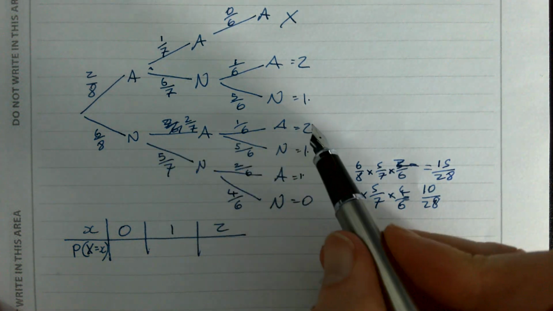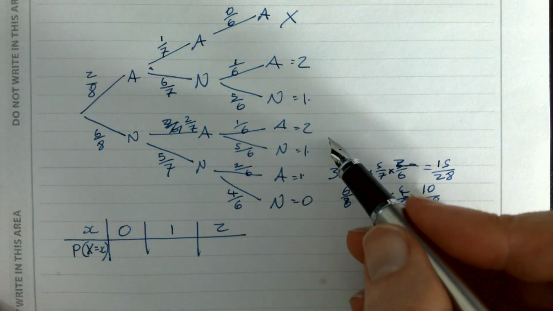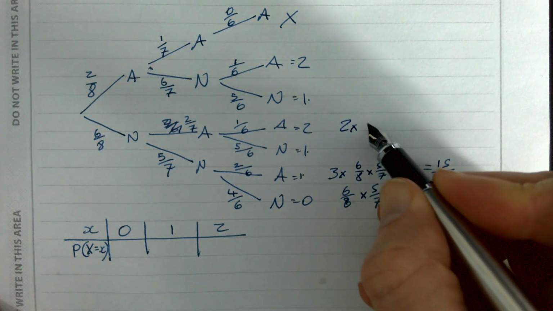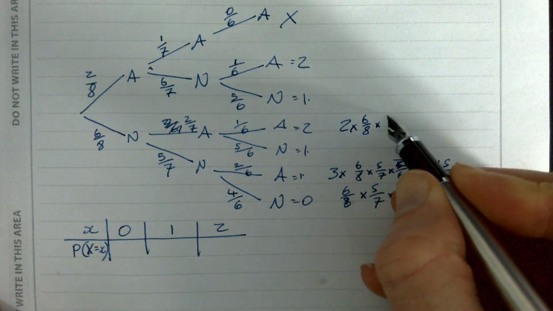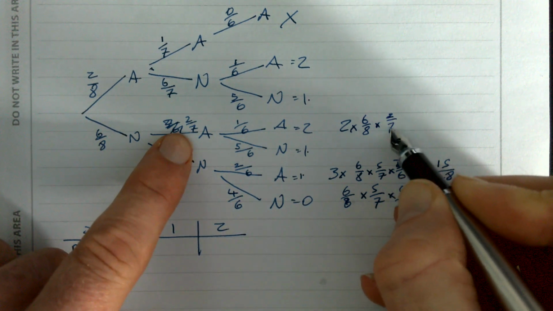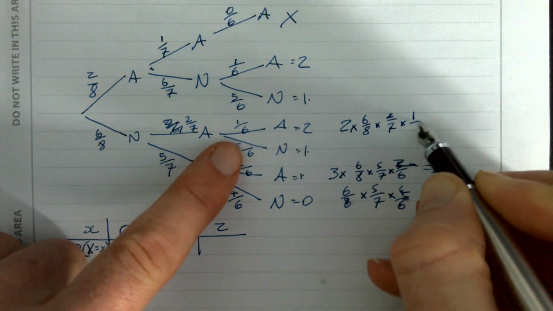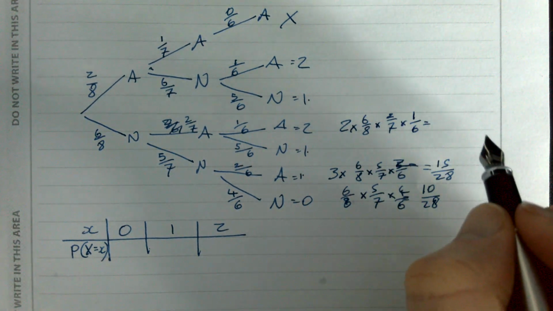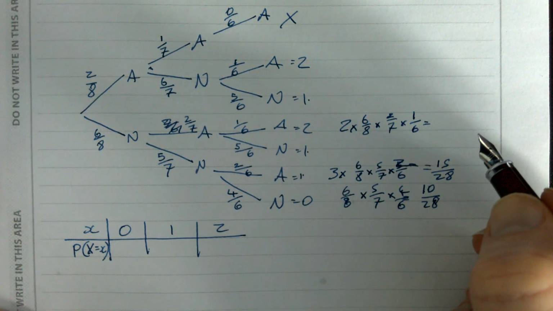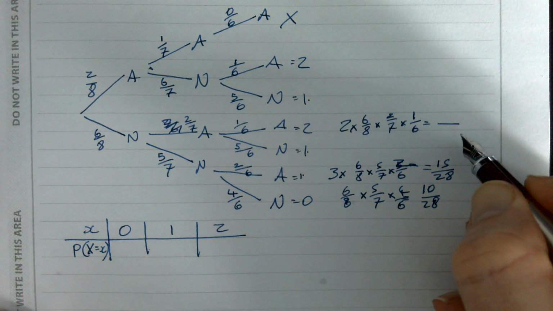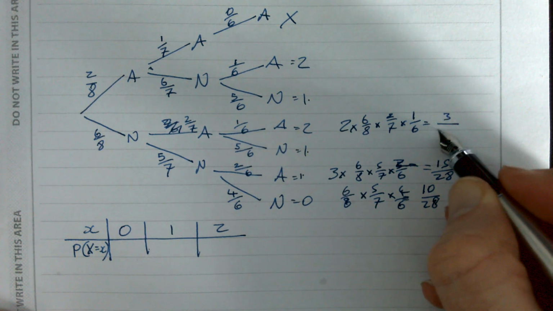And then for the way of doing 2, we've got 2 methods of that happening. So that's going to be 2 times 6 over 8 times 2 over 7 times 1 over 6 in either of the orders that could come up, and that should give us 3 out of 28.